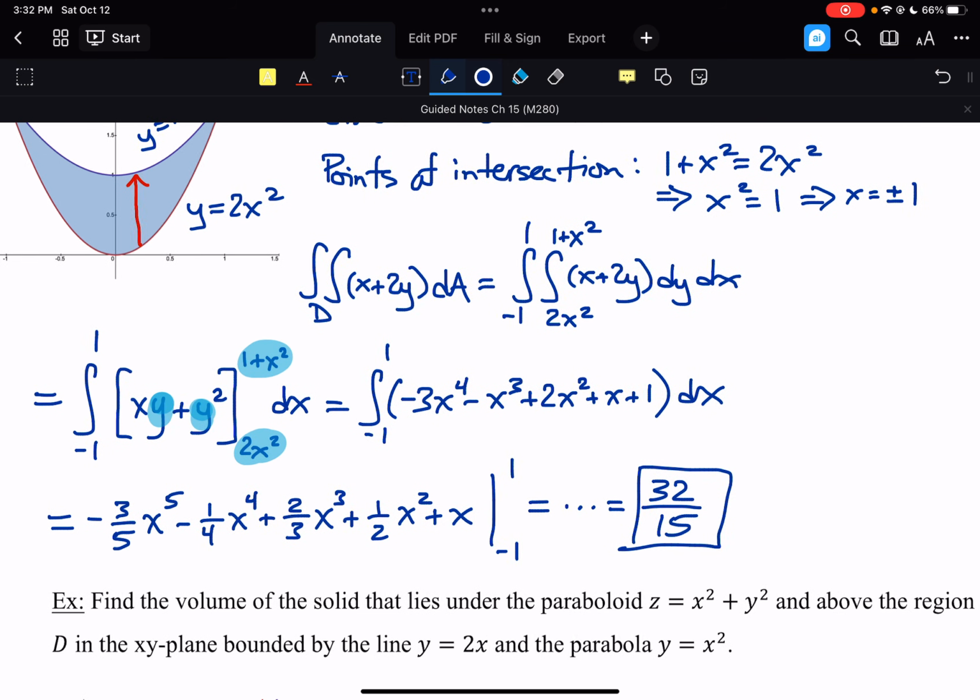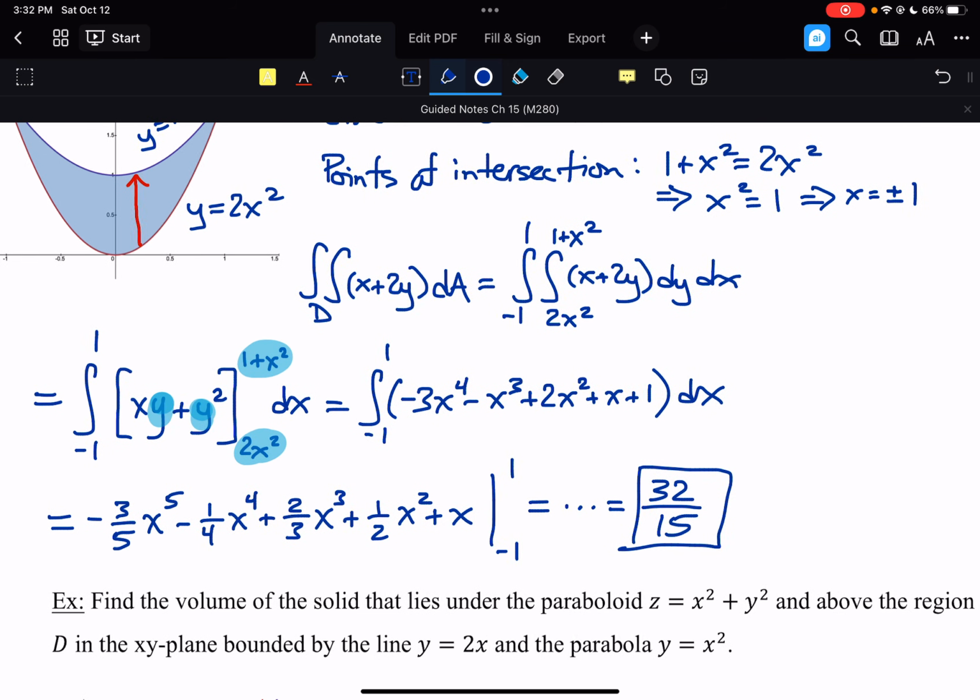And we would have x going from the line over to the parabola, not the other way around. So we would go 1/2 y up to square root of y. And now for y, we would need to get its intersection points. So we would take 1/2 y equals rad y.